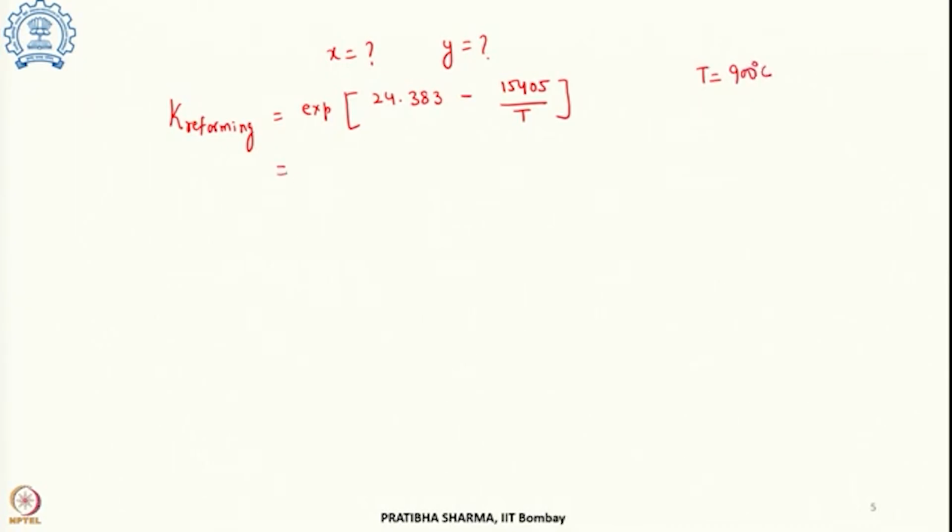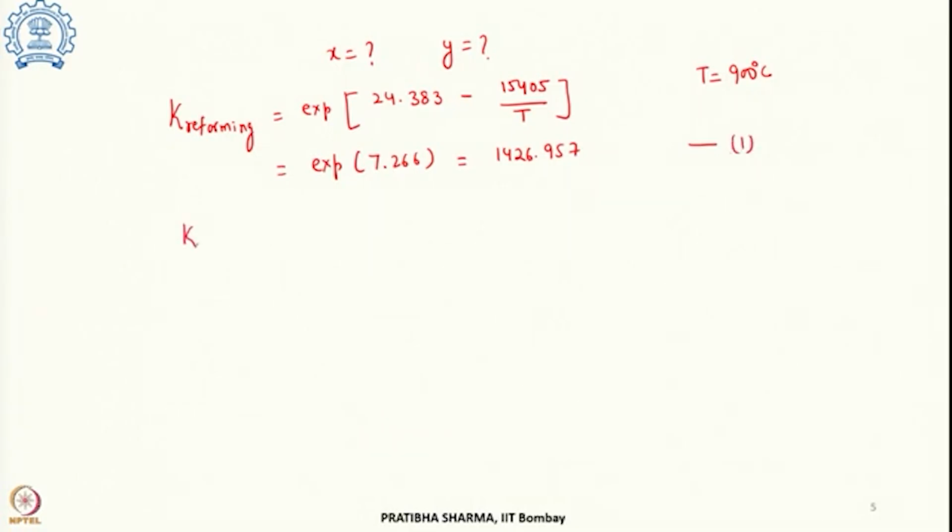So, we can find the reforming equilibrium constant. When we substitute T equal to 900 degree centigrade, this is exponential of 7.26, and that comes out to be 1426.957. So, this is one value we have got.